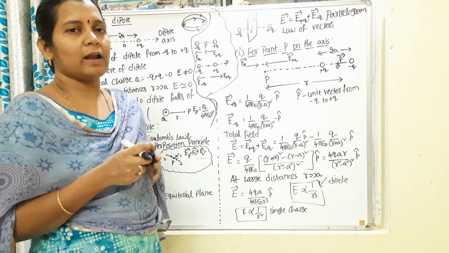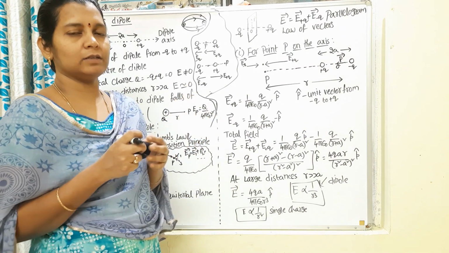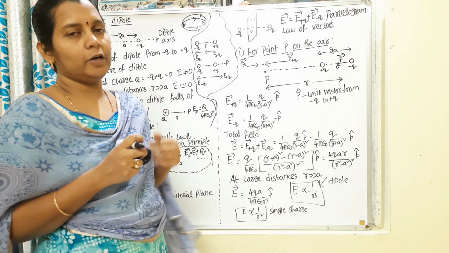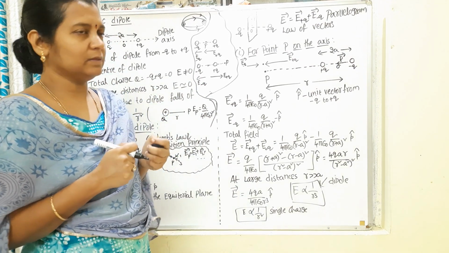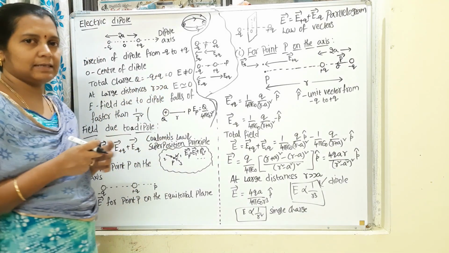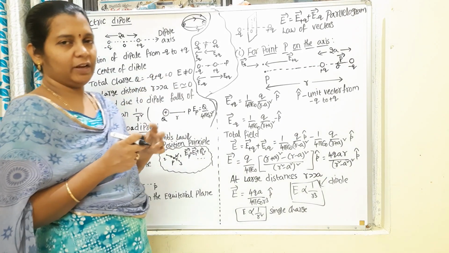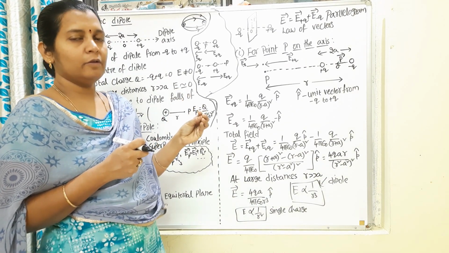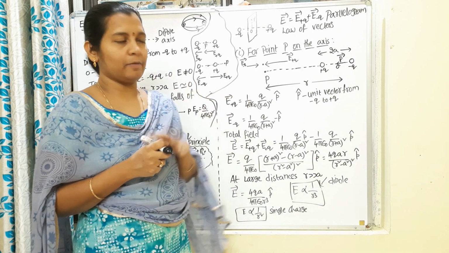By constructing a parallelogram, drawing parallel vectors, the resultant electric field is given by the diagonal of the parallelogram, right? So the first case is the electric field due to a dipole for a point which is on the axis of a dipole.